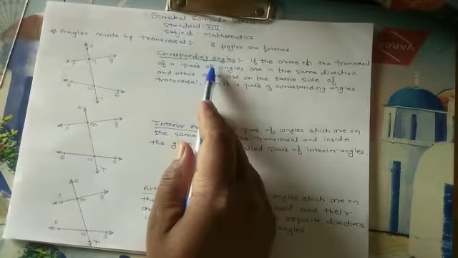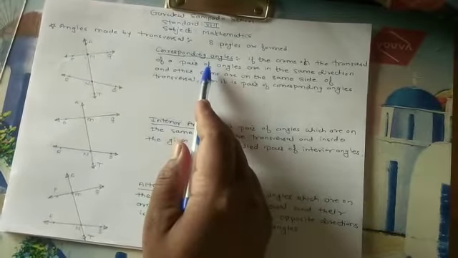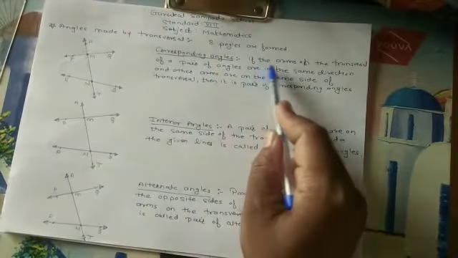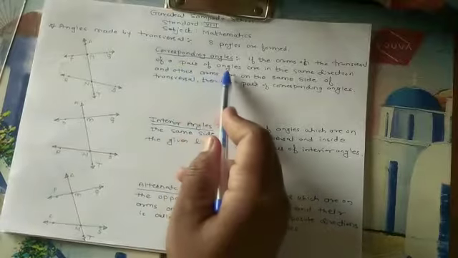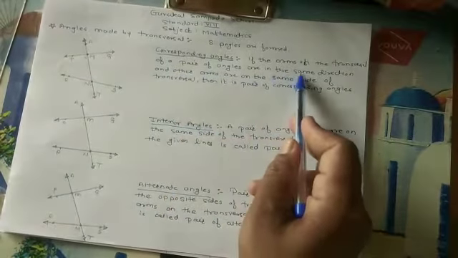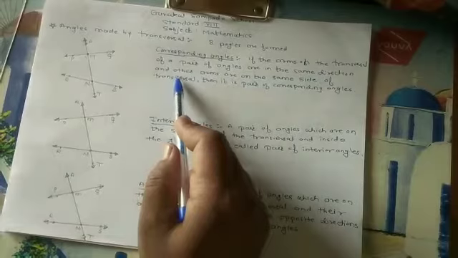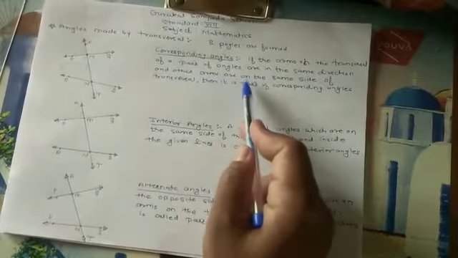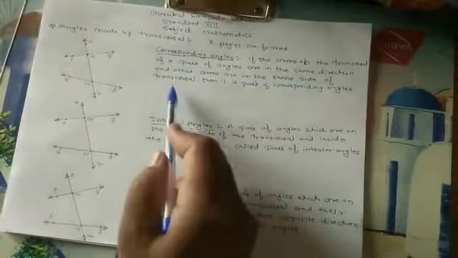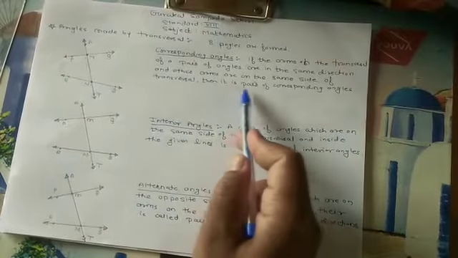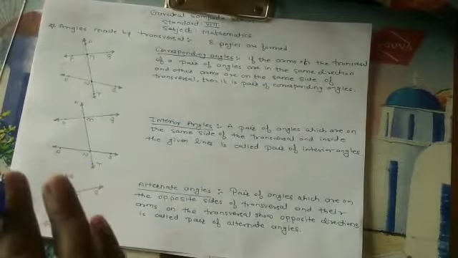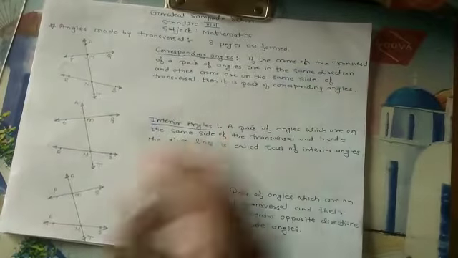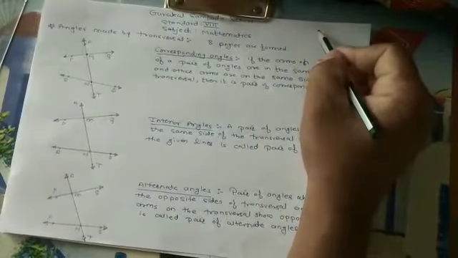First we read the definition of corresponding angles. If the arms on the transversal of a pair of angles are in the same direction and the other arms are on the same side of the transversal, then it is a pair of corresponding angles. What is the meaning of this? Here I am drawing for understanding.